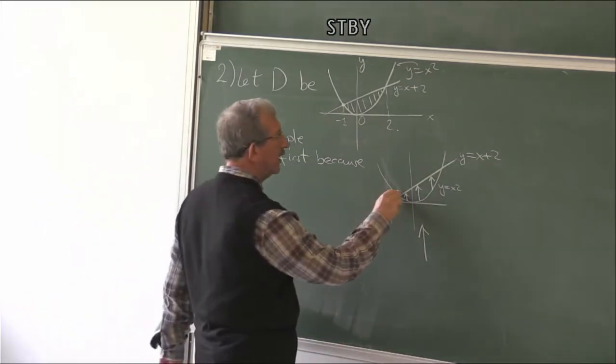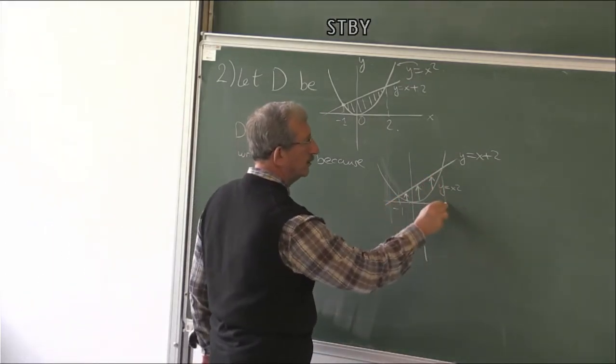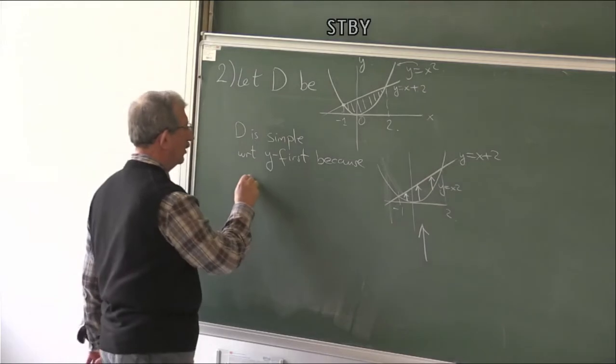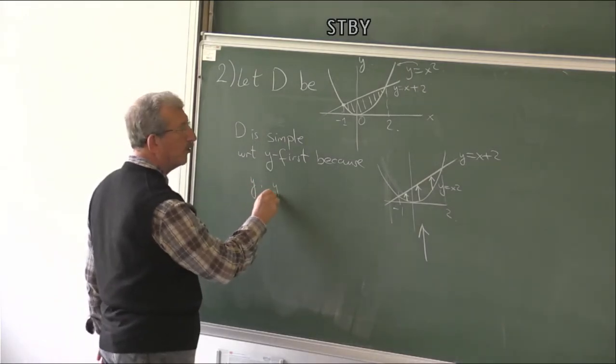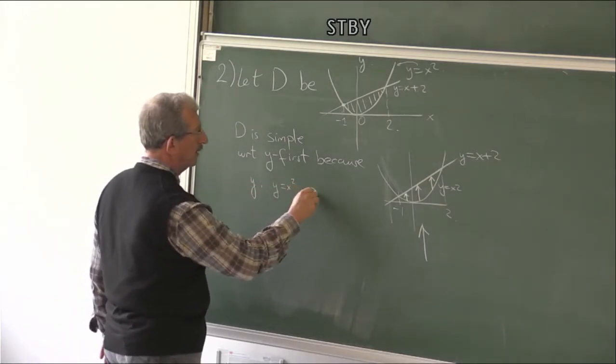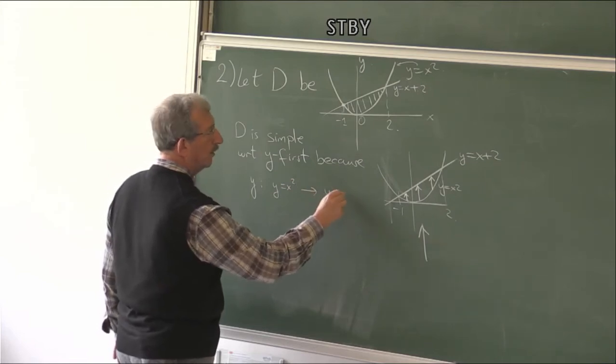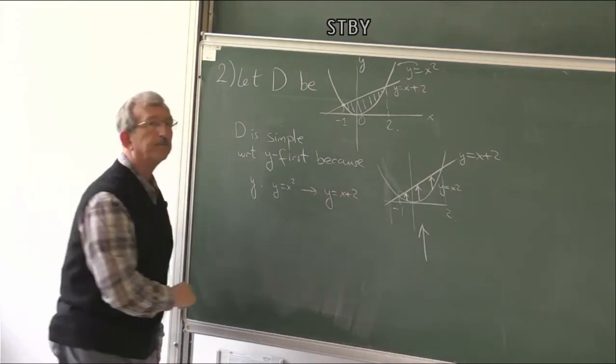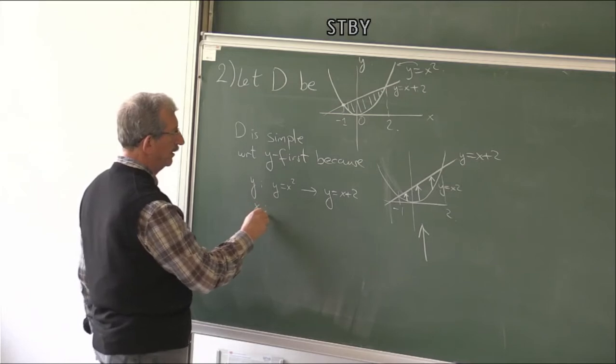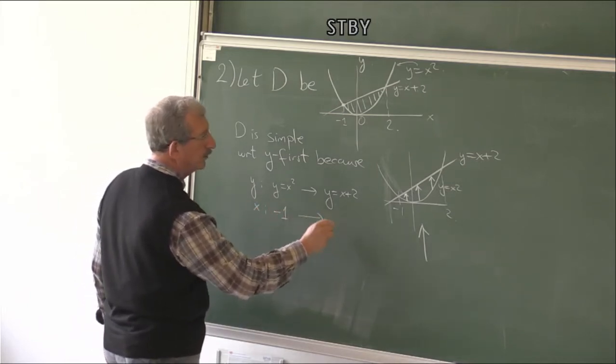In the meantime, x changed from minus 1 to 2. So y changed from the parabola to the curve x plus 2. And x from minus 1 to 2.